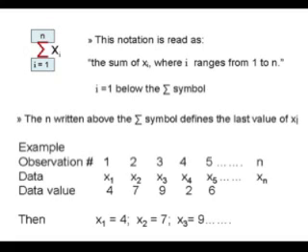While this example may seem confusing at first, simply look closer to see how the observation numbers match up with the data and the data values. Each observation number has a corresponding x value, as well as a data value. See that the data value for x sub 1 is 4, x sub 2 is 7, x sub 3 is 9, and so on.